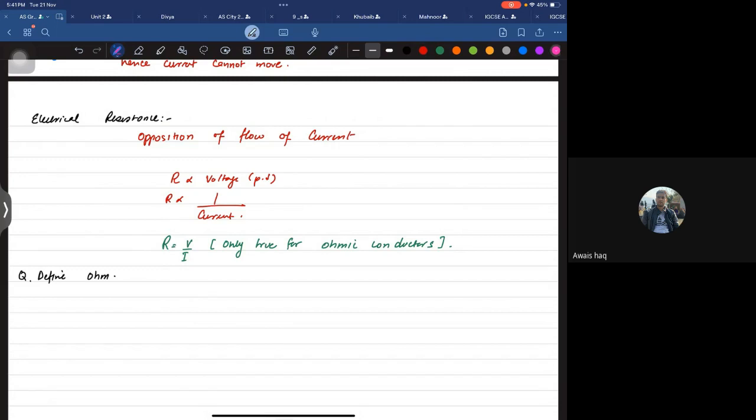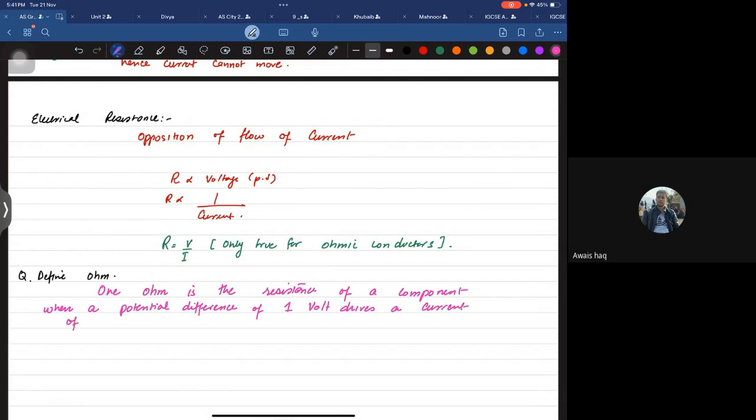When they do, you basically need to write that 1 ohm is the resistance of a component when a potential difference of 1 volt drives a current of 1 ampere through it.